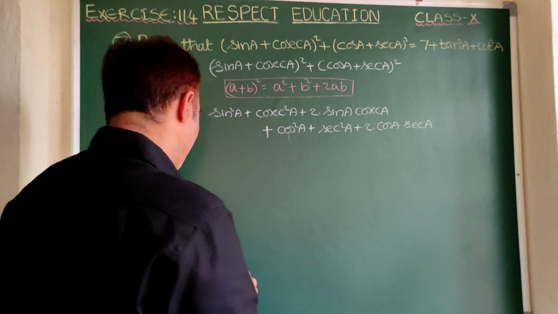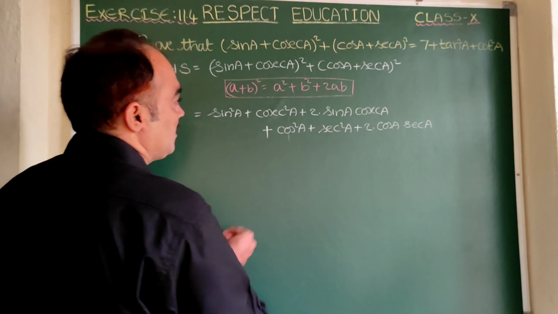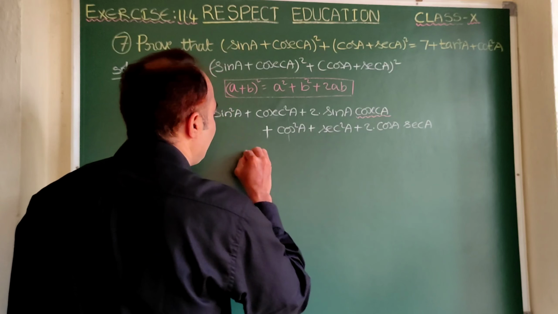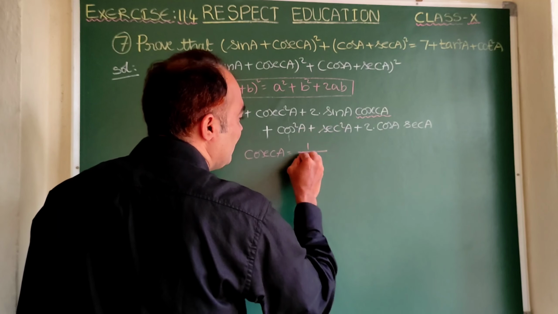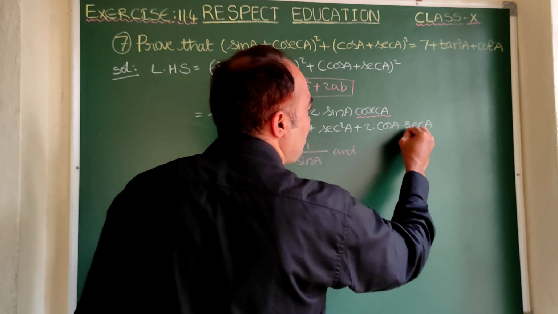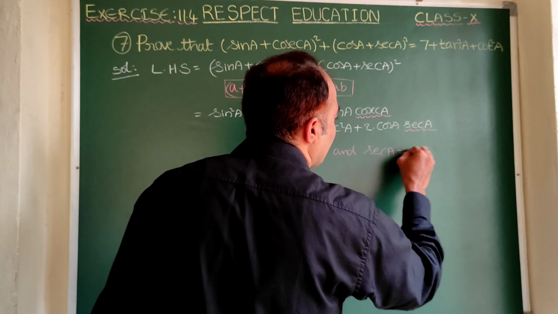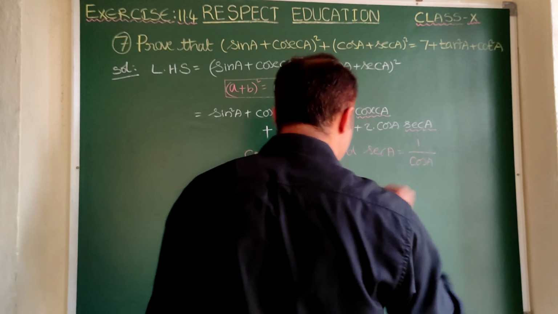In the next step, let us apply some formulas. Cosecant A can be written as 1 by sin A. And in place of secant A, we can write 1 by cos A. Clear?